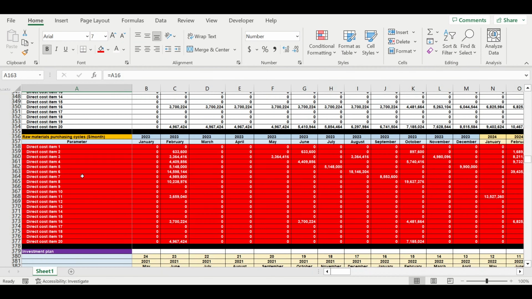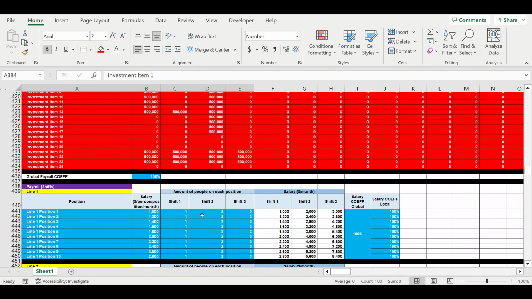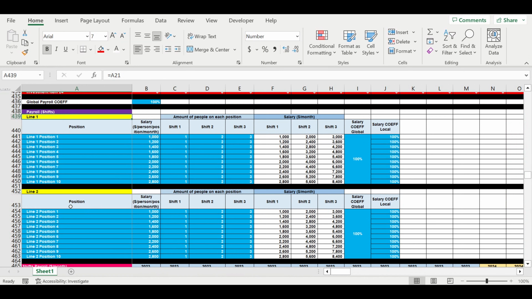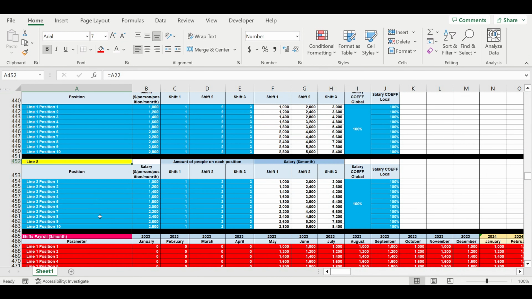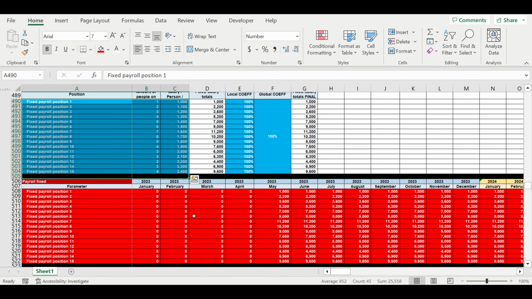We moved to the investment plan. Then we moved to payroll for production line 1 and production line 2. Then we moved to fixed payroll, stable payroll.